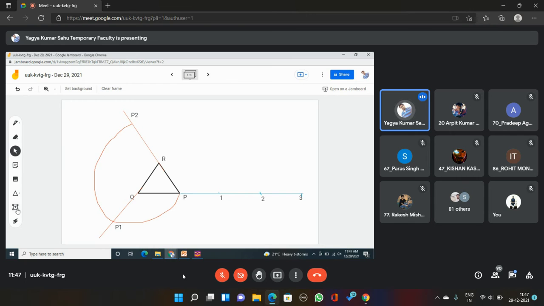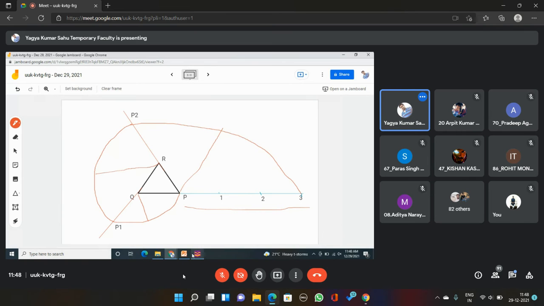Now radius P3 and center P, and it will exactly coincide with point 3. So for this, what is the radius? That is P1. For this, what is the radius? P2. And for this, what is the radius? P3.